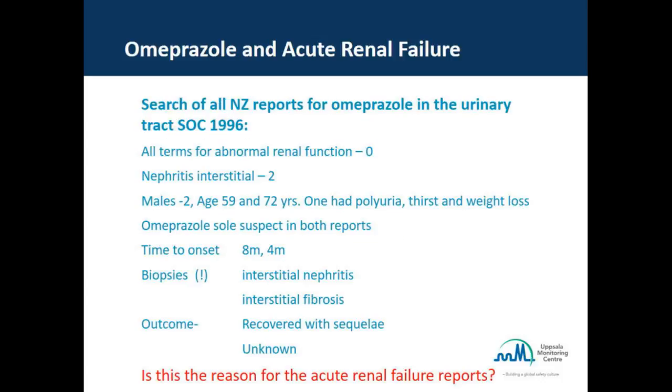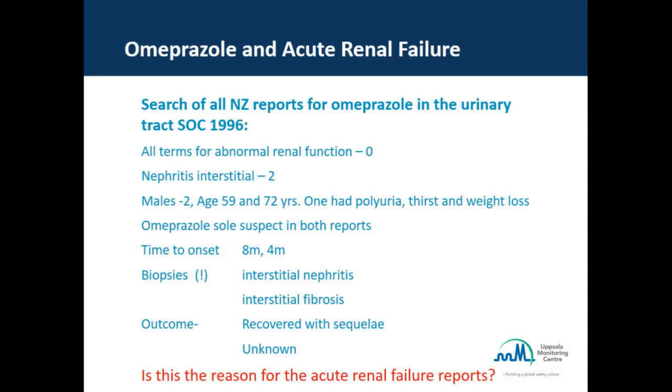So the next thing to do is to search all of your reports for urinary tract disorders. Do you have some others of raised creatinine or some others? And actually, we couldn't find any other terms for abnormal renal function. But there were 2 reports of interstitial nephritis. 2 males, aged 59 and 72 years. 1 had symptoms suggesting renal failure, and omeprazole again was the sole suspect in both reports.